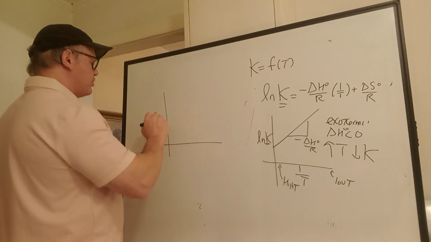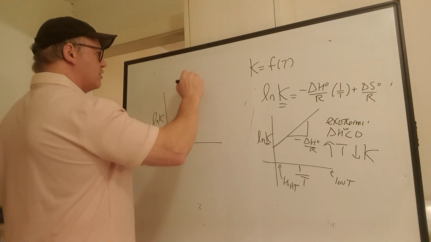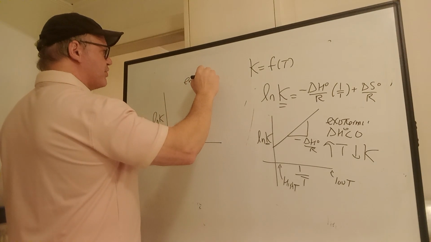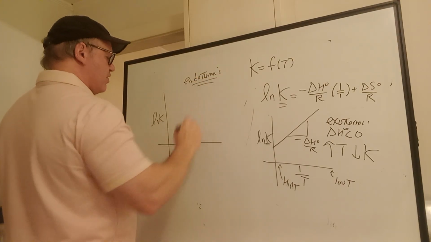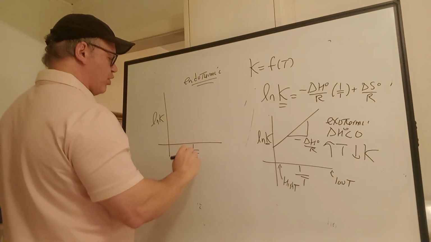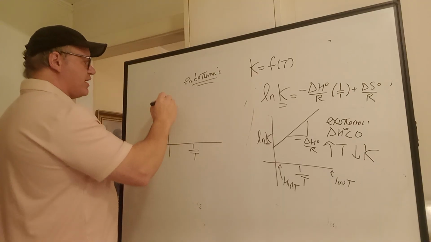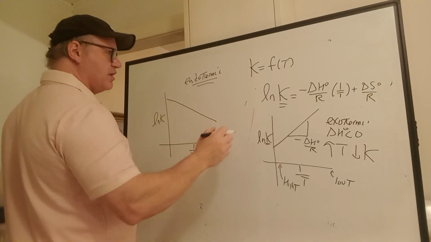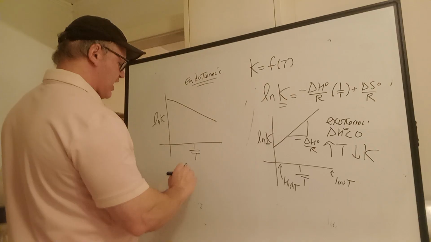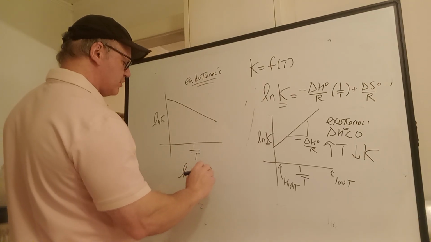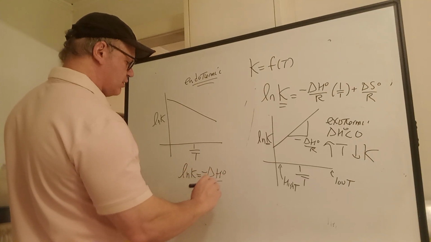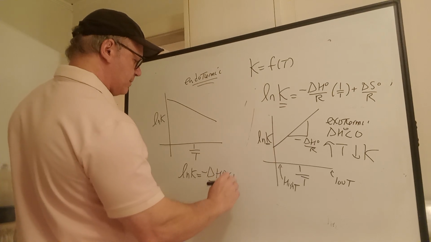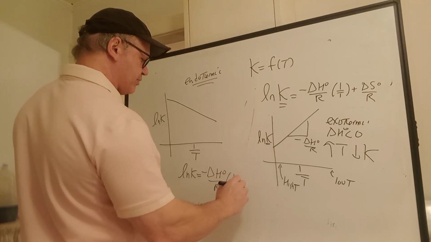Let's take the case with endothermic. That's a reaction that takes in heat from the surroundings. Now plot again 1 over T. Now in that case it goes down because again in our relationship for ln of K, I think it's called the Van't Hoff form, something like that.